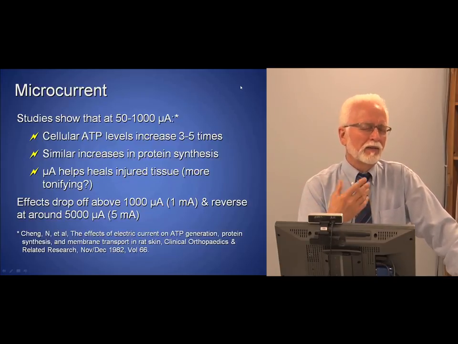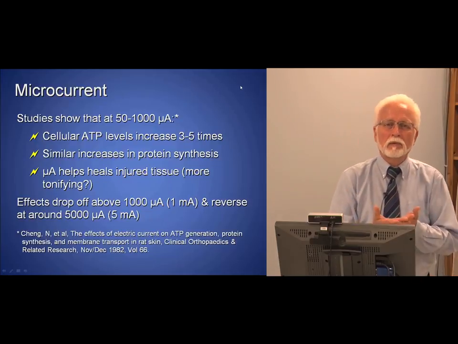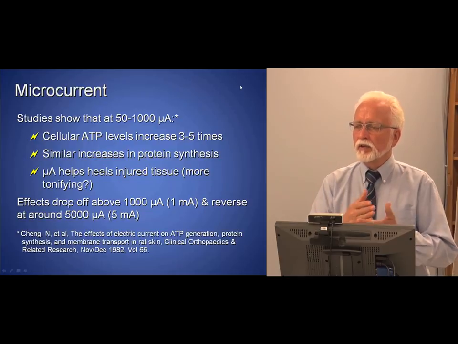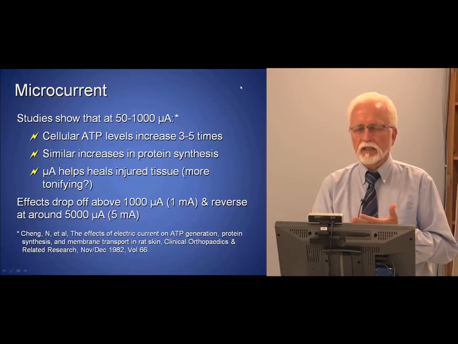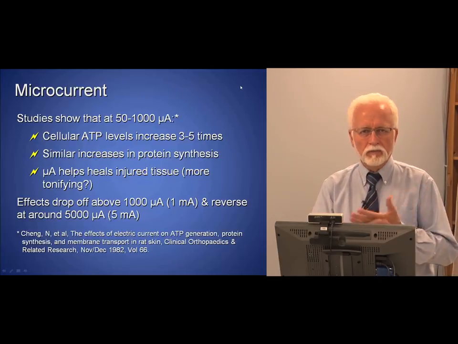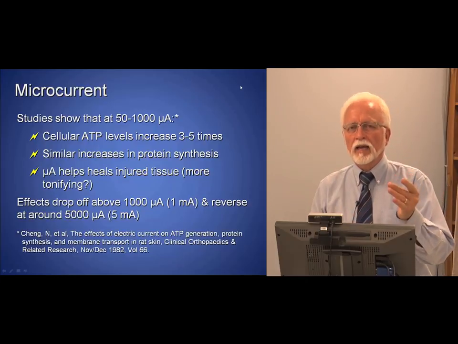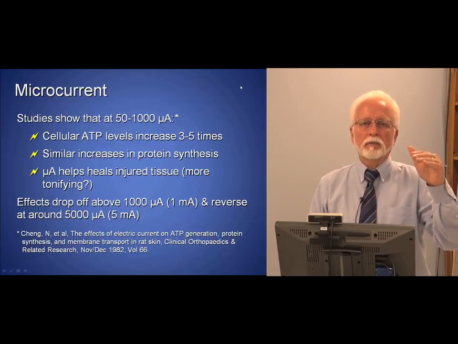What are they doing then? I question this. Well, remember Becker talked about the current of injury. The current of injury is whenever there's an injury to the body, the first thing that happens before any other changes happen is the electrical activity around that area changes. It increases dramatically.